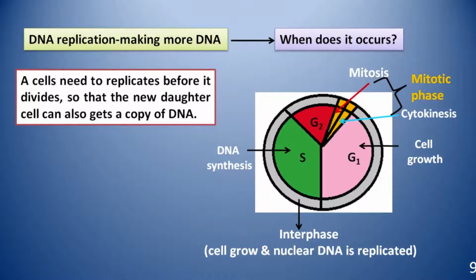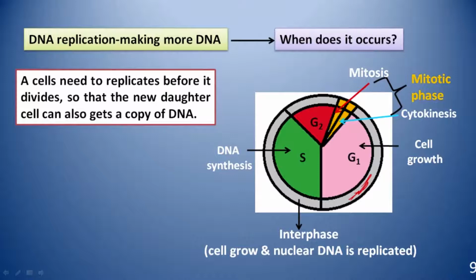So here you can see I have drawn the cell cycle, and in the cell cycle this ash color is the interphase. Here the cell grows and nuclear DNA is replicated, and under this cell growth the DNA synthesis takes place, and then finally in mitosis and cytokinesis the final process occurs.